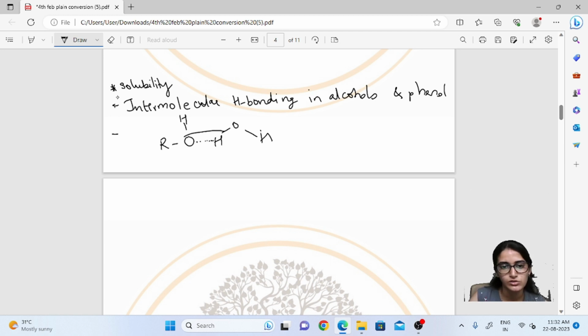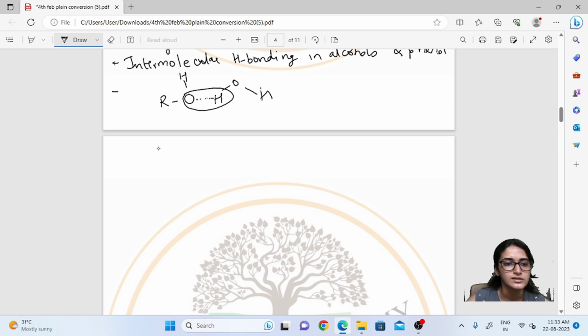So this is also a hydrogen bonding. What about the solubility here? Since they form a hydrogen bond with each other, alcohols and phenols are soluble in water, due to hydrogen bonding. When we add alcohol to water, you can see that it is miscible, or soluble, with water.